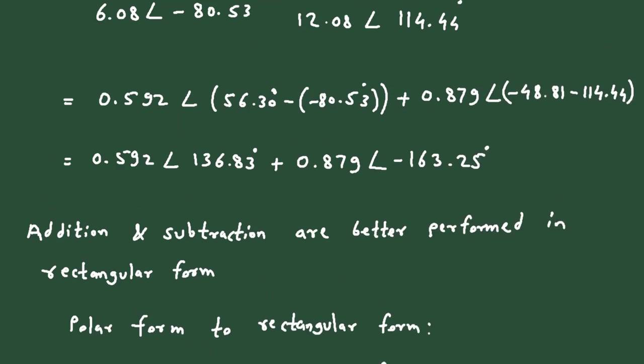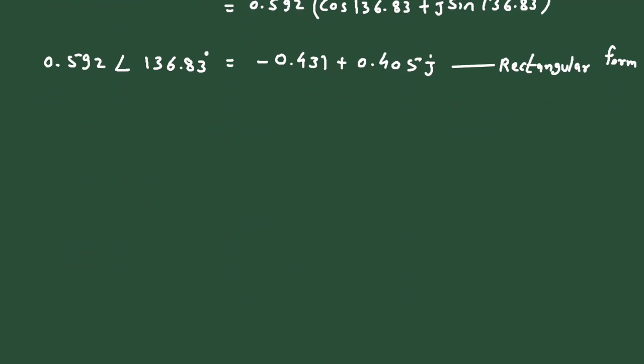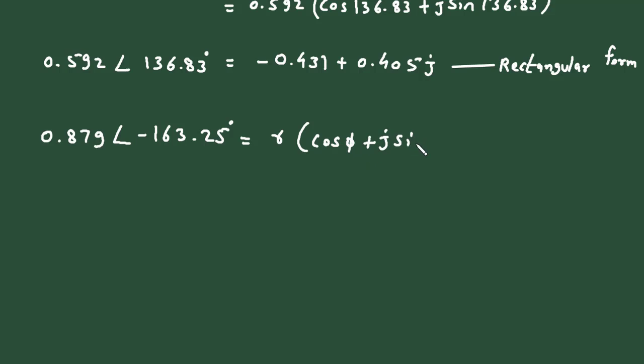Now next is this value. We need this in rectangular form. Again the formula will be r cos phi plus j sin phi.